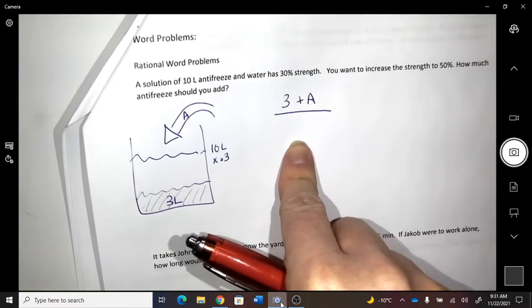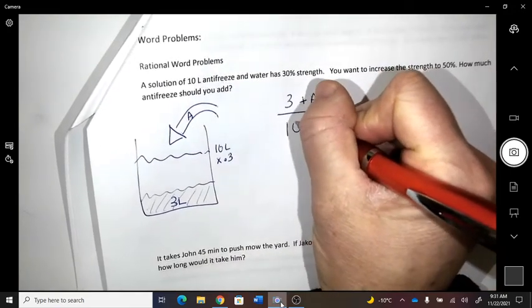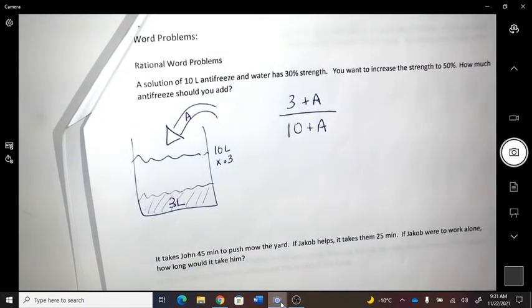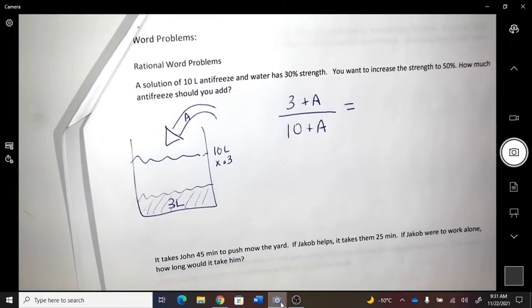Fluid on the bottom. What's the fluid situation? The whole fluid started at 10, but as you add any kind of fluid, that 10 in the jug is also going to be going up as well, right? And our end goal is to be 50%.